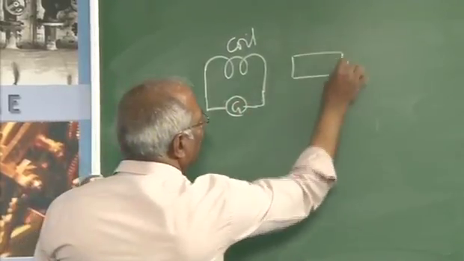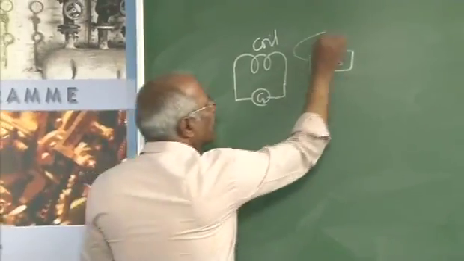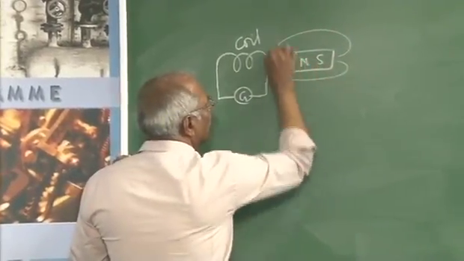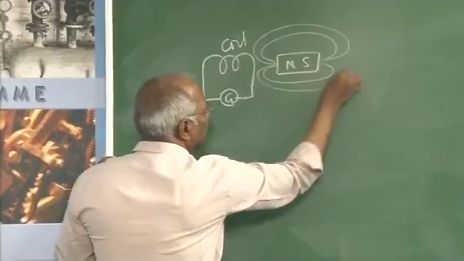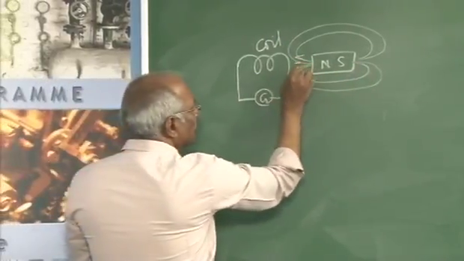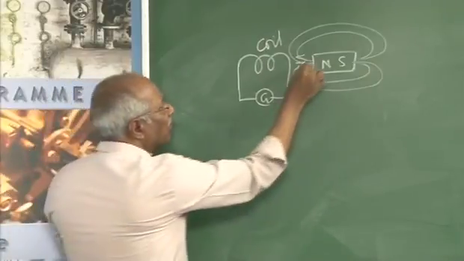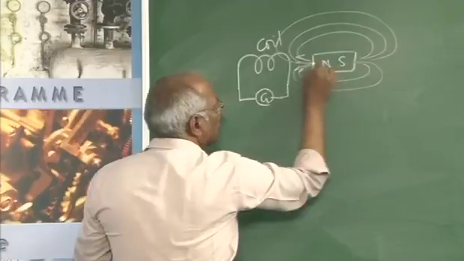Think of a permanent magnet. The presence of the magnetic field is represented by the lines of force here, this way. There may be some more lines also here, this way.